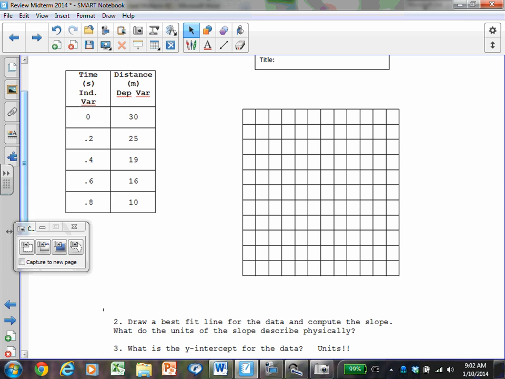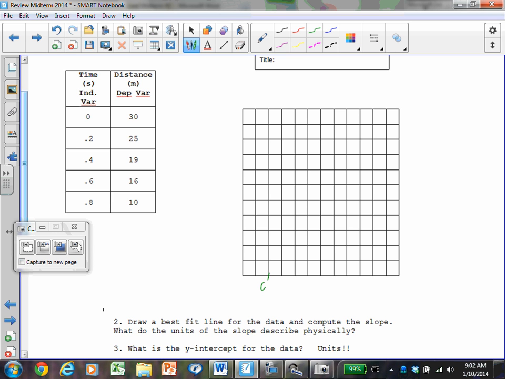Since we go from 0 to 0.8 on the x, how should I arrange that, you think? Well, it's nice to have divisions like 0.1, 0.2 for each line, right?